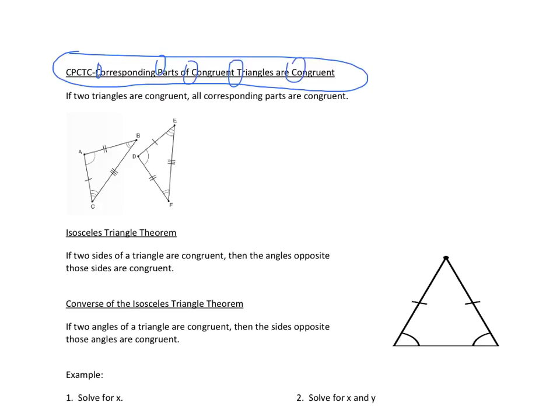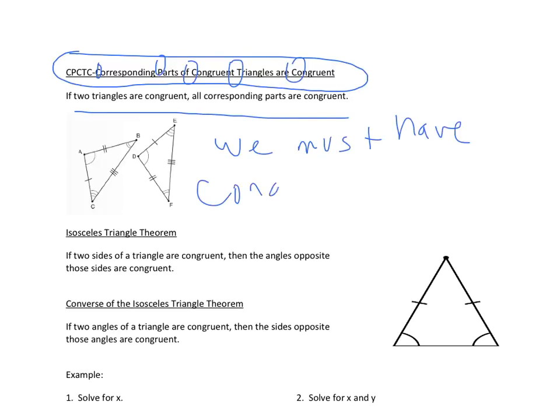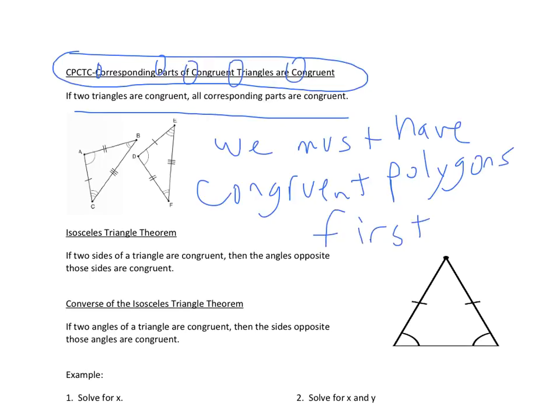It says if two triangles are congruent, all corresponding parts are congruent, which means sides and angles. Okay? One thing to note, we must have congruent polygons first, and then once you have congruent polygons, you can say angle A is congruent to angle D, and so on. All the corresponding parts are equal.